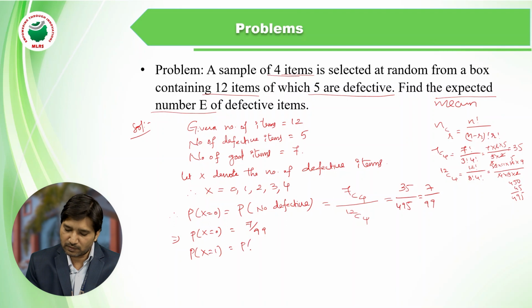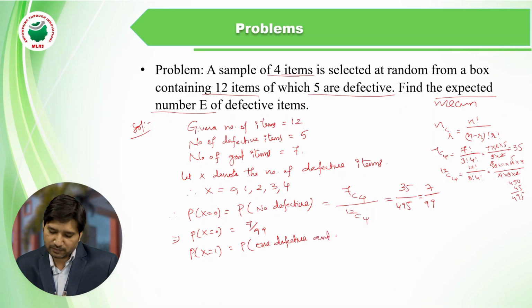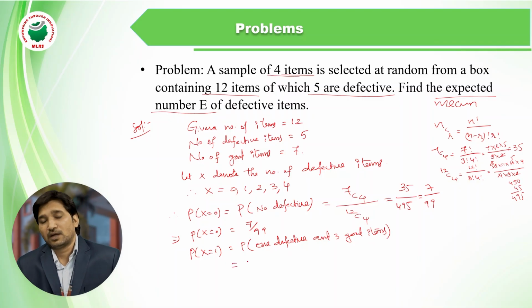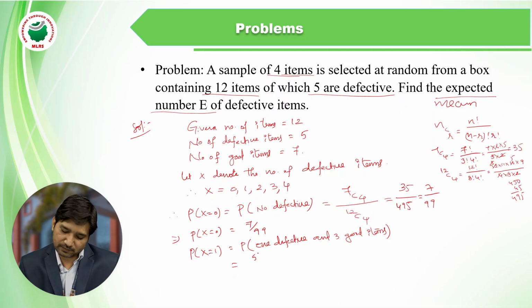The second one is P of X equal to 1, that is the probability of 1 defective item. Out of 4, 1 defective and 3 good items. How many defective items are there? 5. That is 5C1 into the good items 7, 7C3, divided by 12C4.